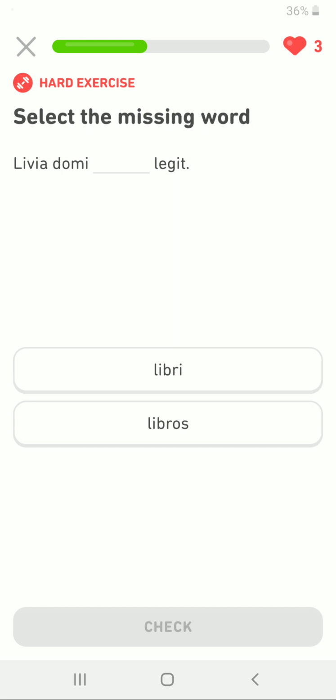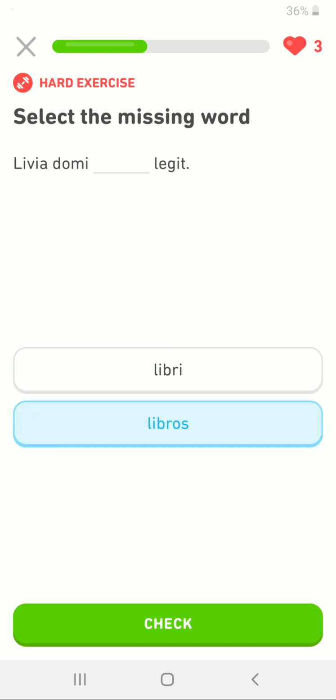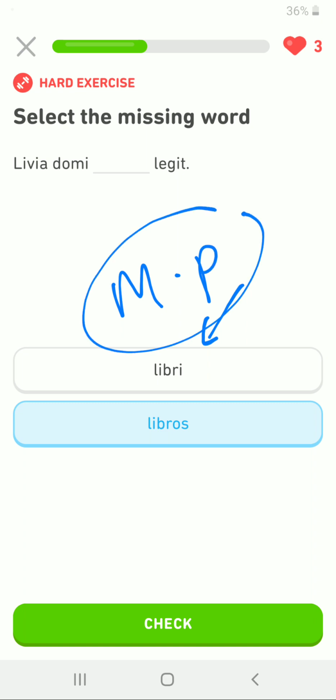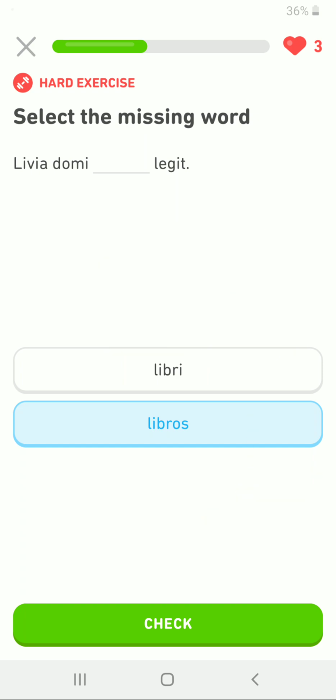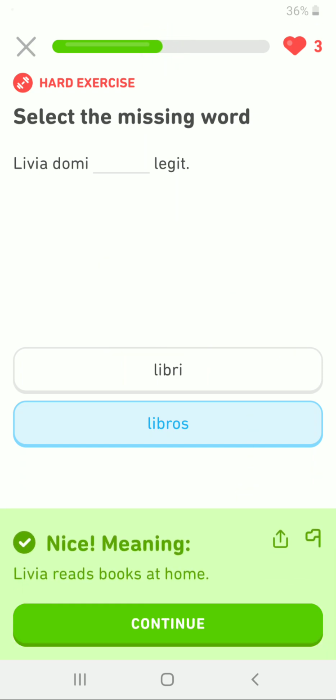Do you think it's libri or libros? I will say that it's libros because libri looks to me to be simply the masculine plural of libros, and therefore it is still in nominative. So this one should be accusative. Let's see if I'm right. Yes, in this case I'm right.